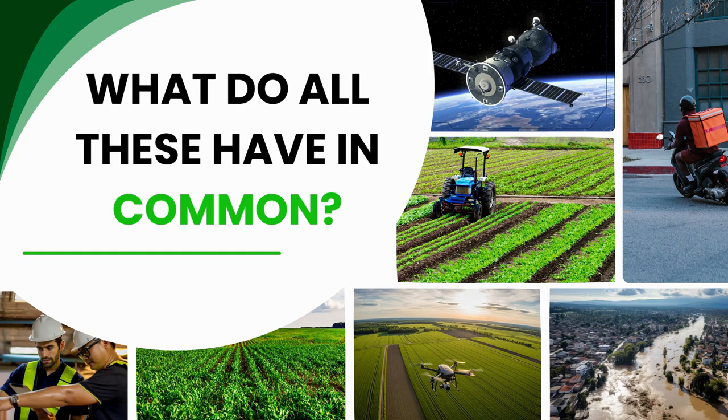Now, these all look like different things, but actually they are all connected by one technology, and this technology is called GIS. In today's video, we are going to understand what is GIS in the easiest possible way.